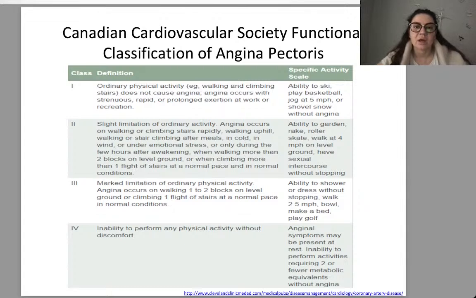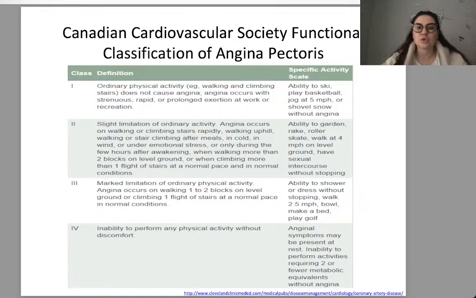Functional class 2 presents slight limitation of ordinary activity. Angina in such patients occurs on walking or climbing stairs rapidly, walking uphill, climbing stairs after meals, in cold, in wind, or under emotional stress, or only during the few hours after awakening.